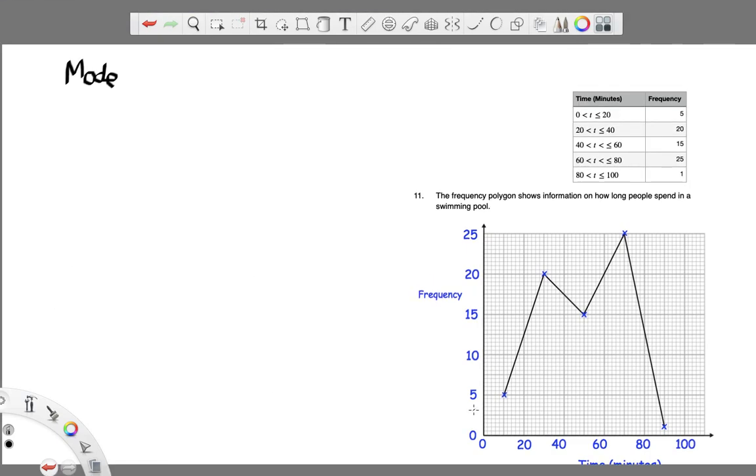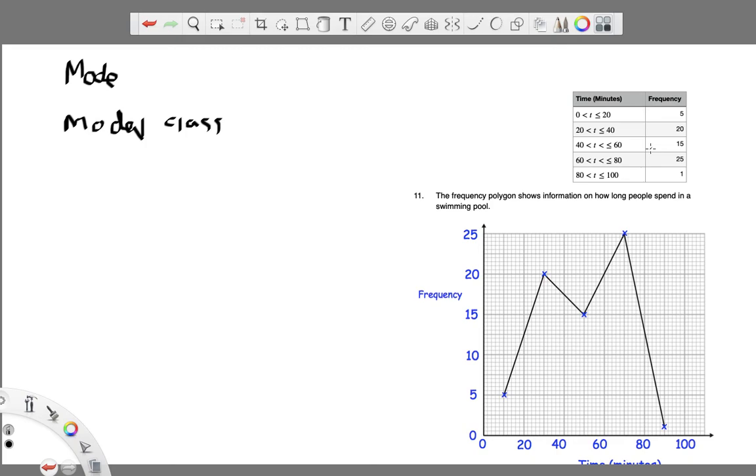Of the following frequency polygon, we look at the table and we're looking for the modal class. So the modal class is the mode for questions like this. And how do we do that? Well, we just select the class with the highest frequency.